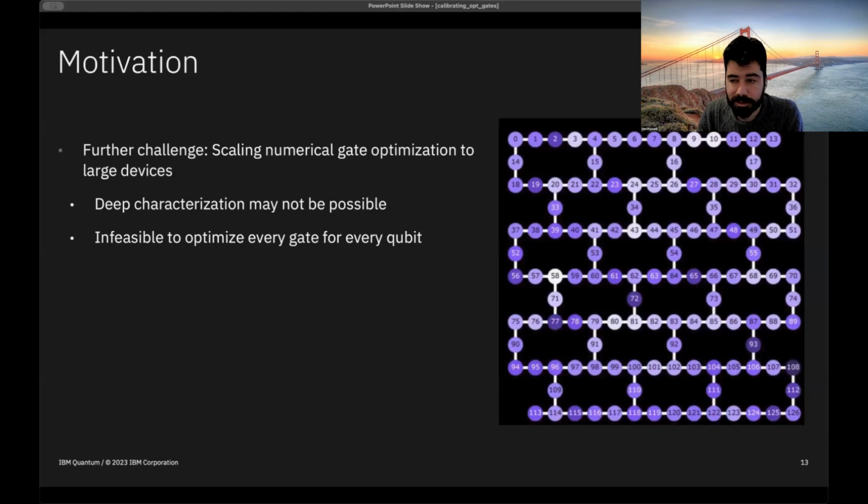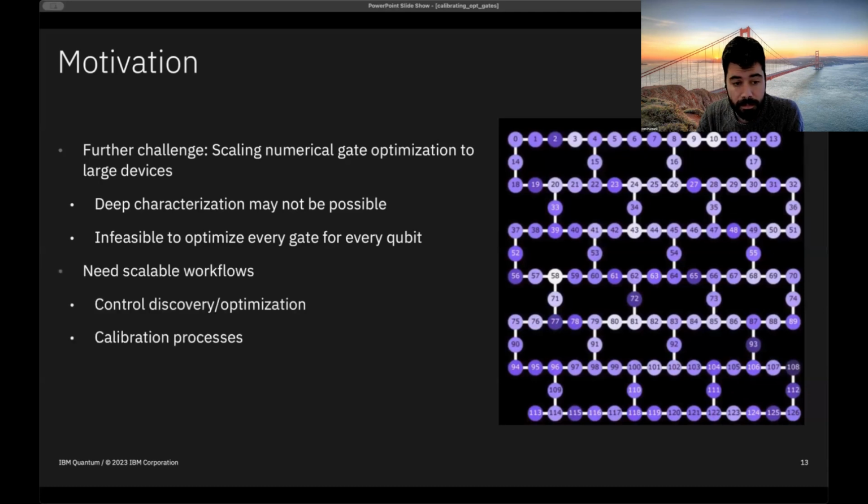Maybe even for 100 it could be possible, but when you start talking about thousands or millions, that's not going to be possible, or at least I don't think it'll be possible, but maybe it could be. Furthermore, it's going to be infeasible to do a unique optimization of a gate for every qubit. So there's going to need to be some way of generating initial inputs to calibrations that's more efficient than running a full from-scratch optimization.